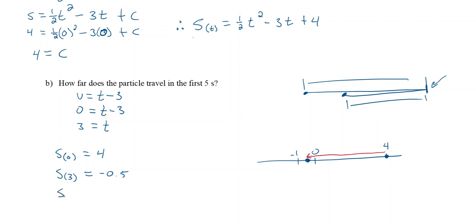And then at 5 seconds, if you plug 5 into our equation, we get 1.5 meters. So then we're going to come to about there. Oh, my scale's kind of off. Okay. 1, 2, 3. Okay, so there's 1.